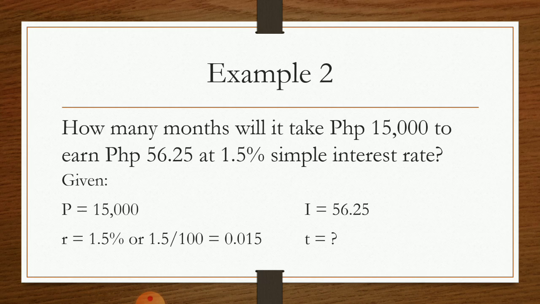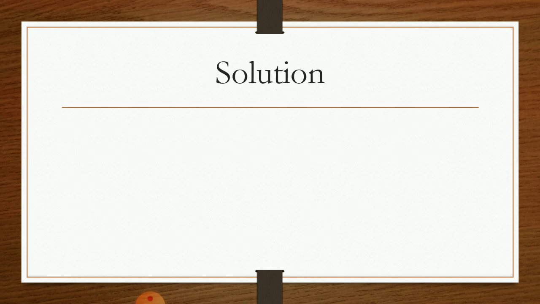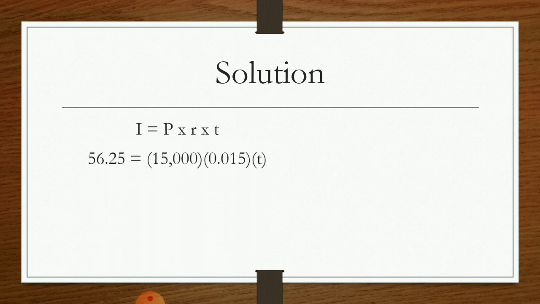The interest is equal to 56.25, and the time is missing. And plug in these values into the formula. So we now have 56.25 is equal to 15,000 times 0.015 times T.